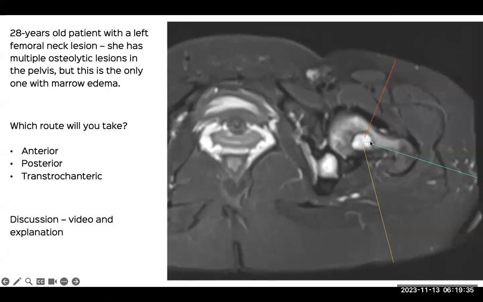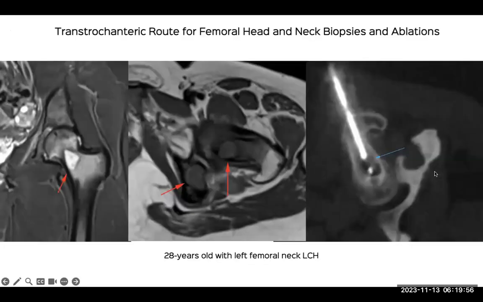And I mean, the anterior approach is fine if you think this is going to be benign, because then it doesn't really matter. But look at the number of muscles you're going through. You also have the profunda crossing over somewhere or the other. But if you were to take the transtrochanteric approach, you do need to be very good with your targeting. But otherwise, nothing really comes in the way. And that's what we did. And this turned out to be LCH.